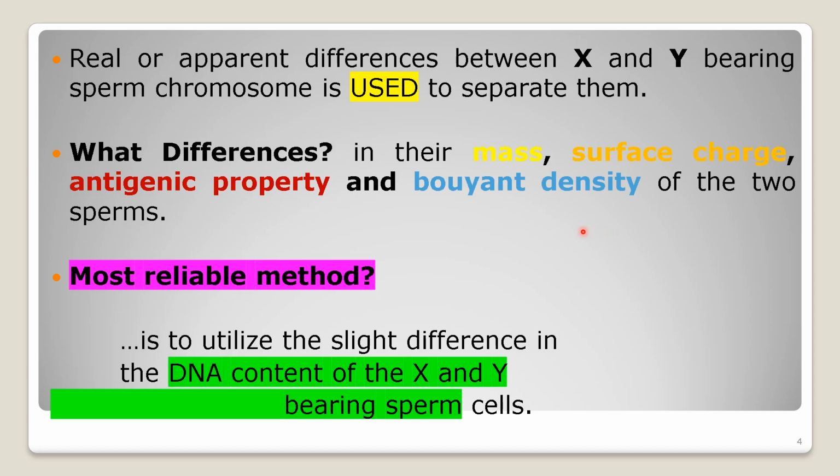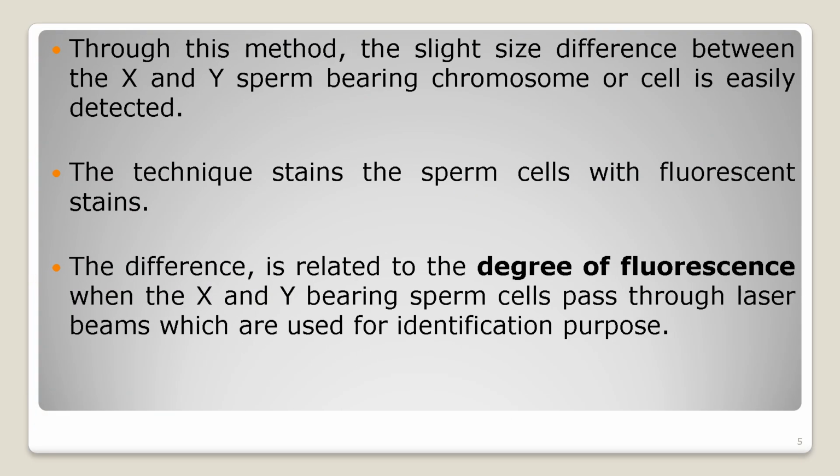Is it the most reliable method? The most reliable method is to utilize the slight differences in the DNA content of the X and Y bearing sperm cells. Through this method, these slight size differences between the X and Y chromosome bearing sperm are easily detected.